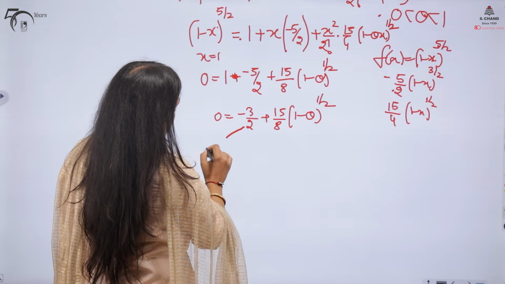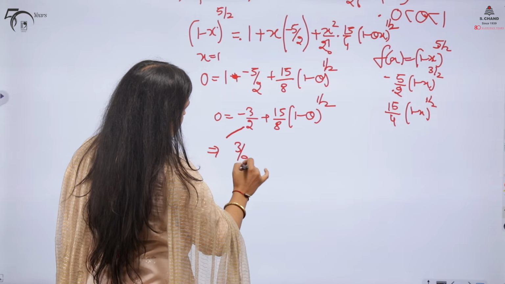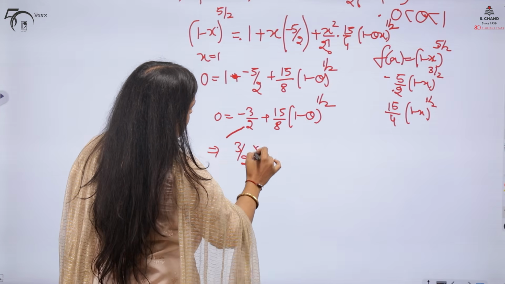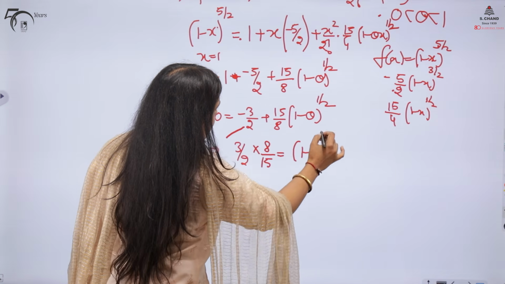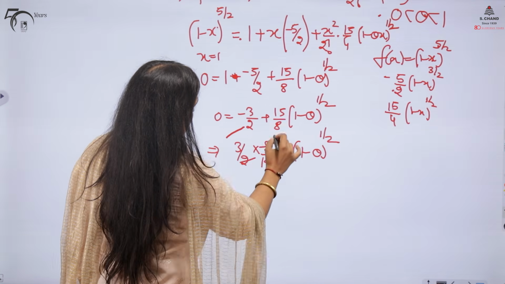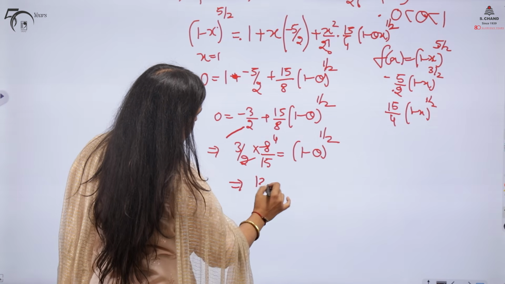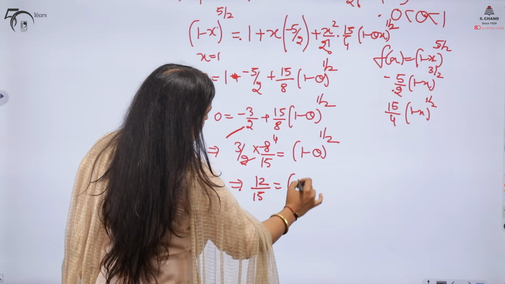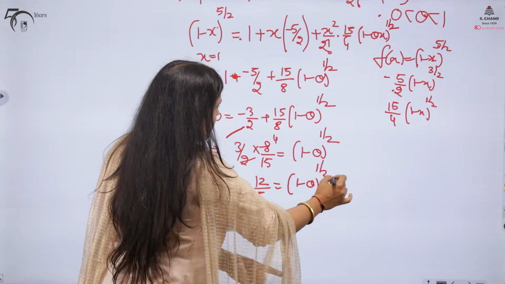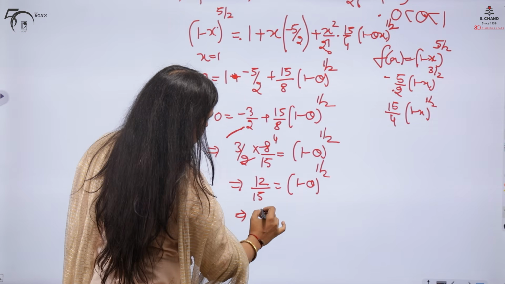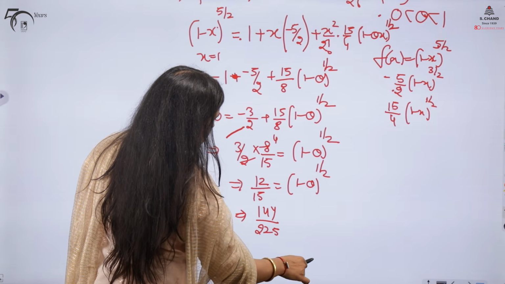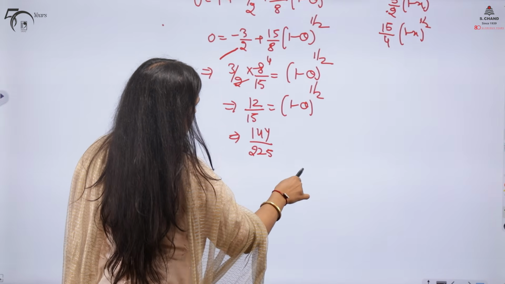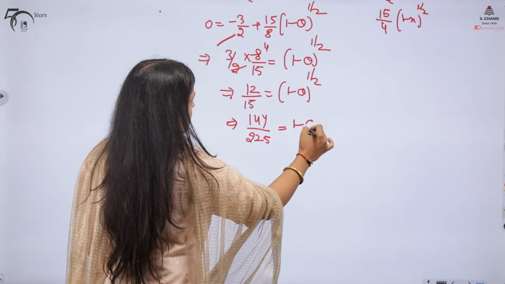Take this to this side, so it will become positive. This is in multiplication, so it will come to this side and get reversed. So finally 12 by 15, 1 minus theta to the power half. Just square both sides. Squaring on both sides will give you 144 by 225, 1 minus theta.